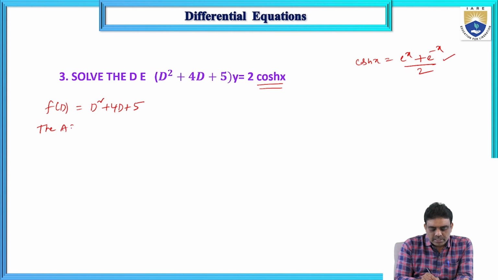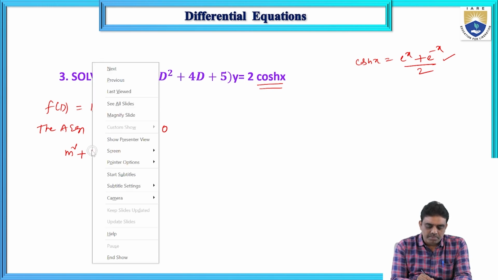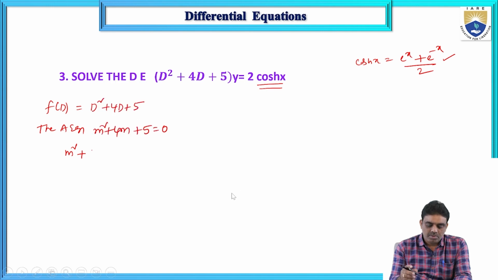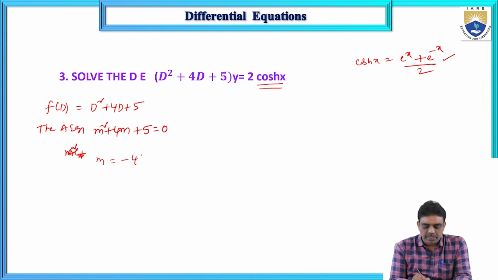The auxiliary equation is m square plus 4m plus 5 is equal to 0. What are the roots of the equation? m is equal to minus b plus or minus root of b square minus 4ac by 2a.